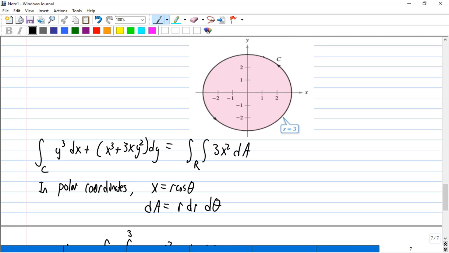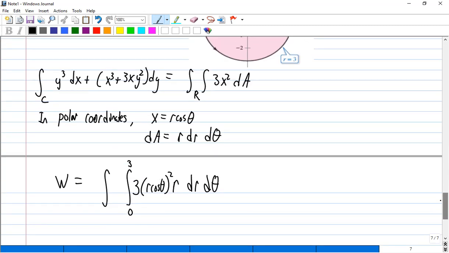The entire circle, right? So that's 0 to 2 pi. So I have the double integral, 0 to 2 pi, 0 to 3. I have a 3. I can write that 3 in front if I want to and not worry about it until the end.